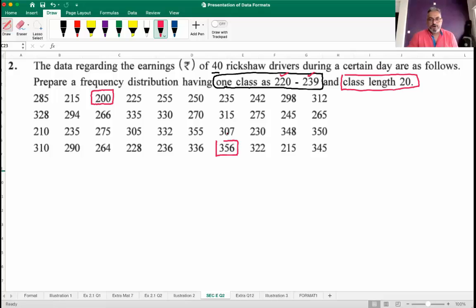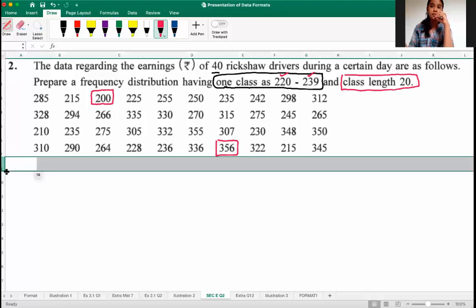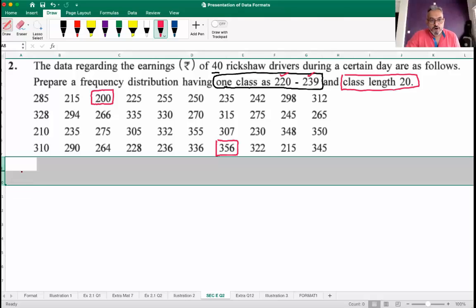Okay, very good. So now we have the minimum and the maximum. We want one of the classes as 220 to 239. So can you tell me what our first class will be? 200 to 219. Very good.